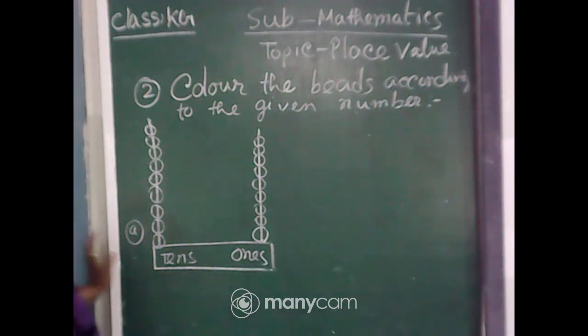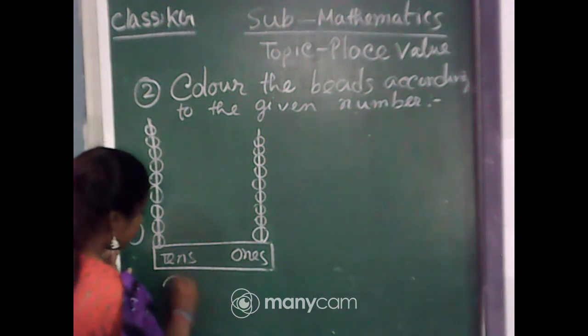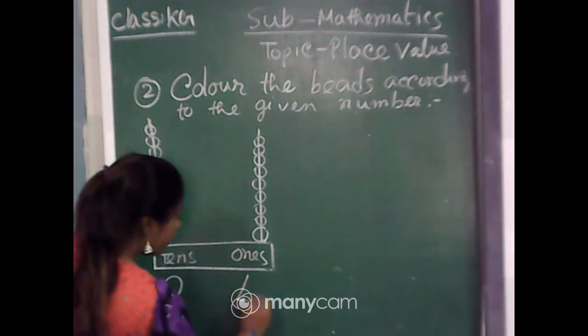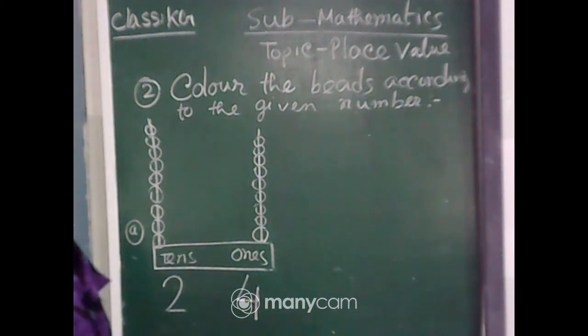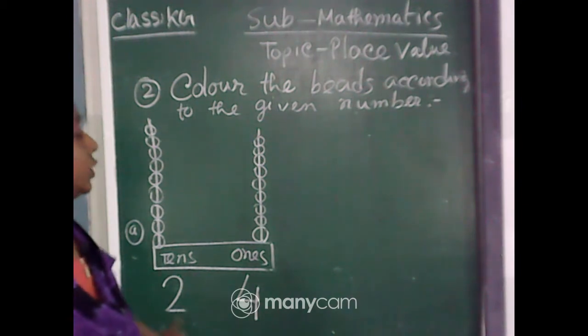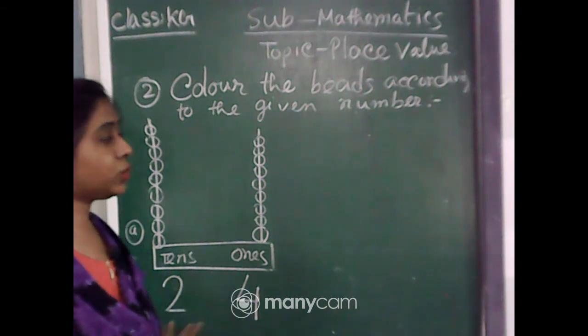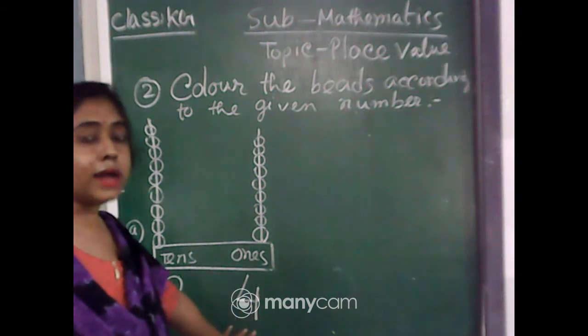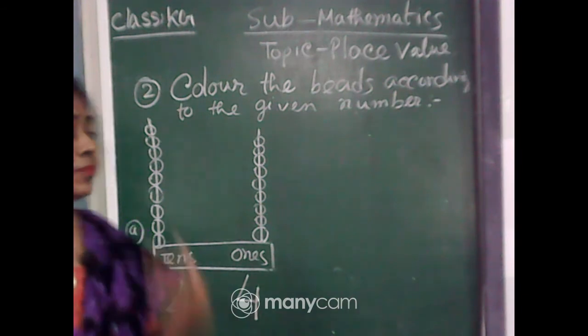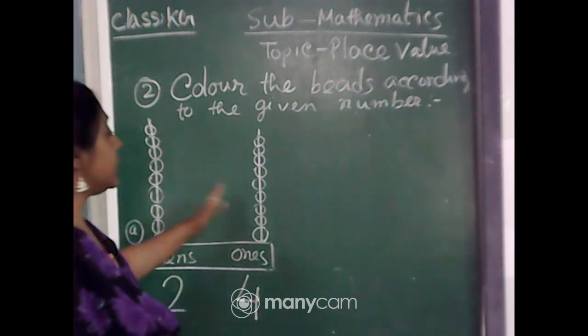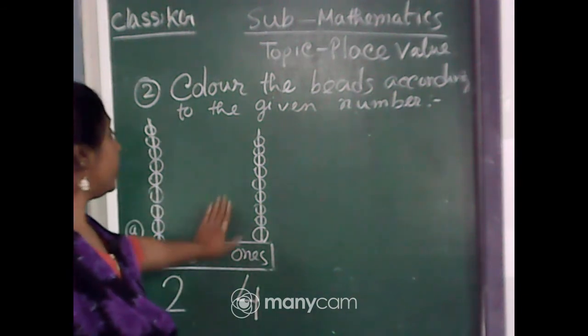Now I am giving the question. First question is 24. What is the expanded form? 24 means 2 tens, 4 ones. What will you do?